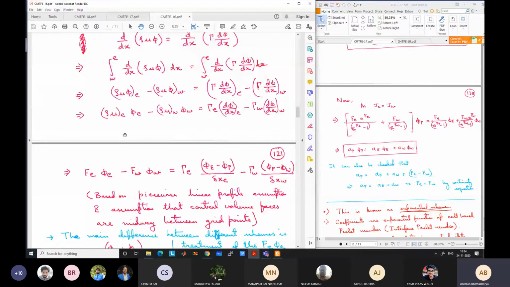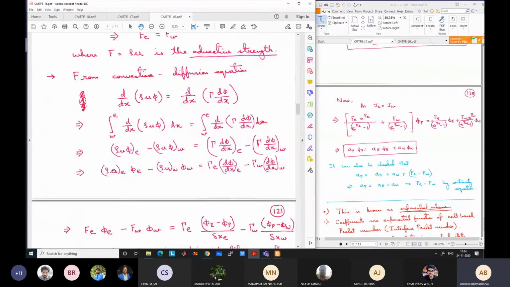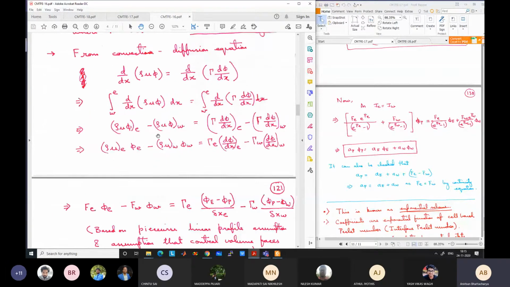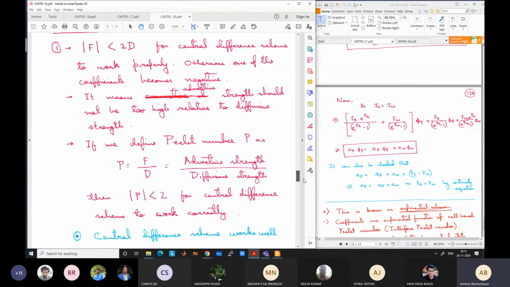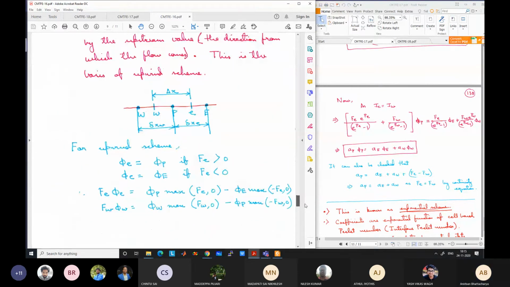So Fe and Fw will still be interpolated values only. Initially I just spoke wrongly; Fe and Fw should be the interpolated values. How we devise the phi e and phi w values, the actual interface values for the convective terms, the advective terms, that is the crux. In the central difference scheme these were averages. In the second, upwind scheme, these were taken from the upstream side.